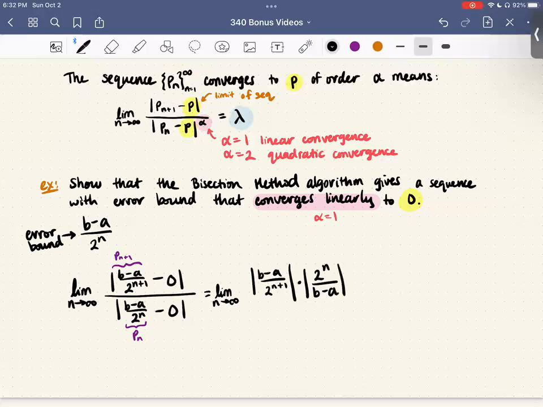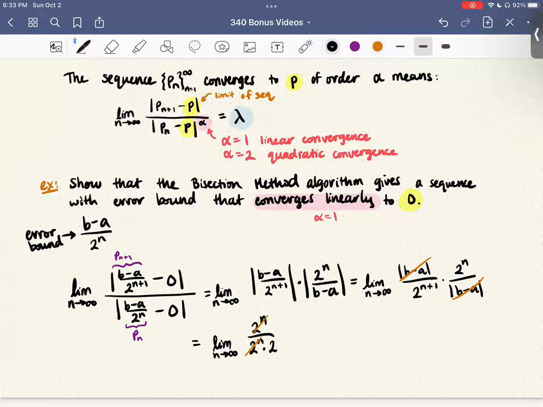But 2 to the n and 2 to the n plus 1 are both positive numbers, and n is greater than or equal to 1 here. So really I have the absolute value of b minus a over 2 to the n plus 1 times 2 to the n over the absolute value of b minus a. So now I can cancel out these b minus a terms. So I have the limit as n goes to infinity of 2 to the n over 2 to the n plus 1, that's 2 to the n times 2. So now these two terms cancel, and I'm left with just 1/2.